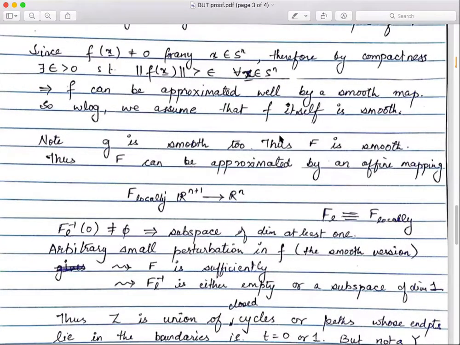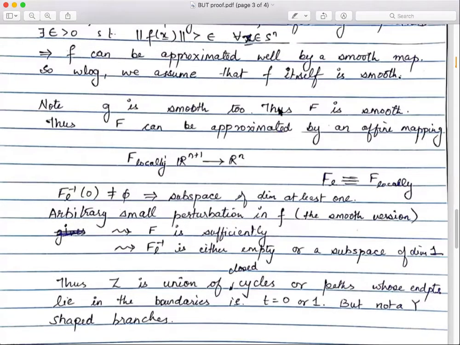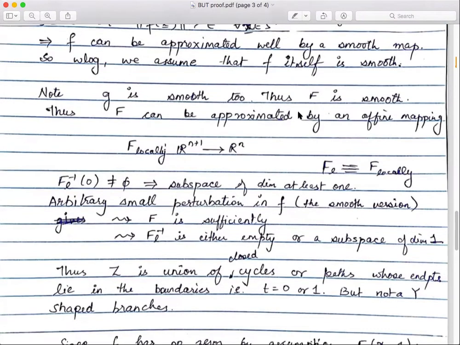All right. Now we note that g is anyway smooth. That is clear. And once g is smooth and f is smooth, f can also be approximated by an affine mapping. So locally, f can be defined from Rn plus 1 to Rn instead of Sn cross I to Rn.